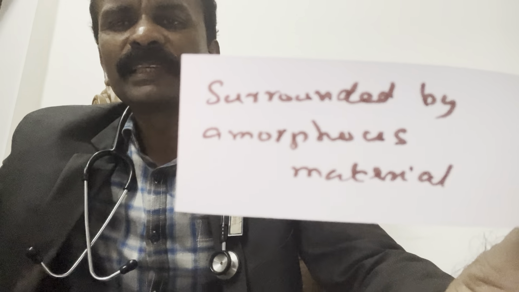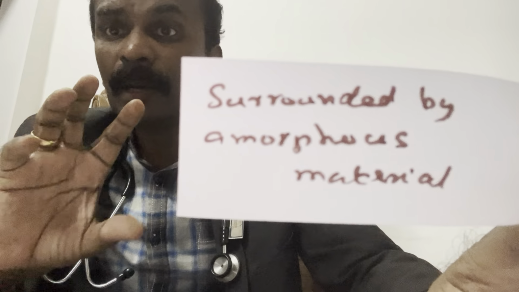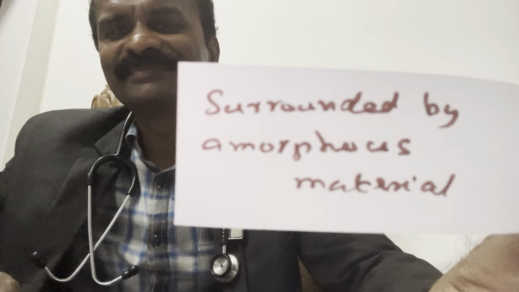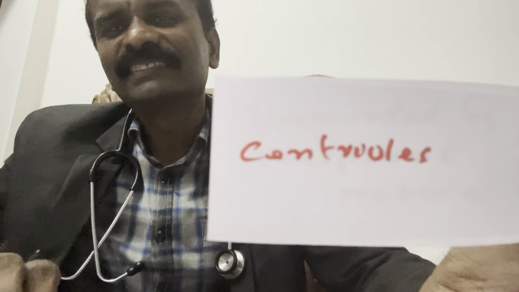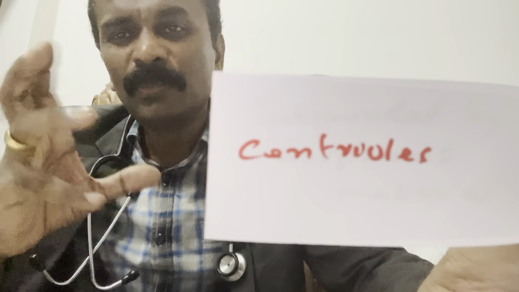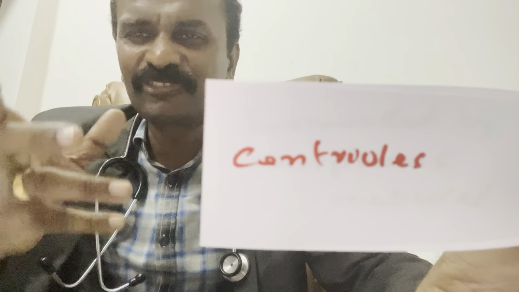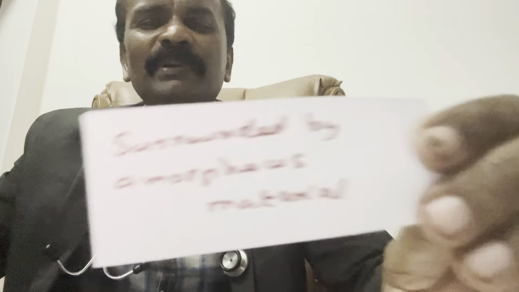Which in a cell is surrounded by an amorphous material? Any idea? Centrioles, surrounded by amorphous material. Hair-like outgrowth in the cell membrane.